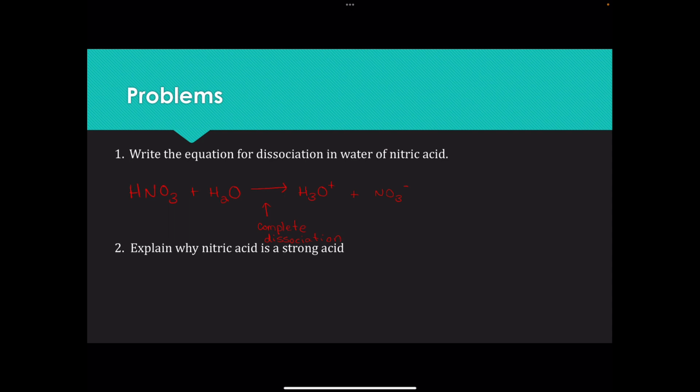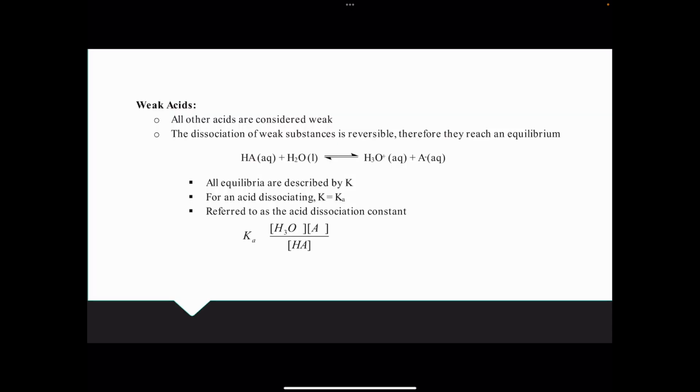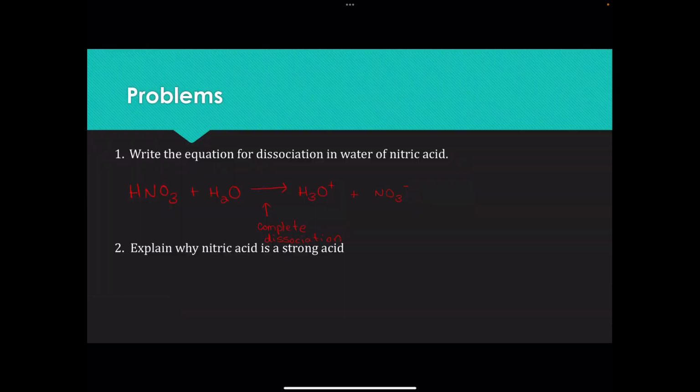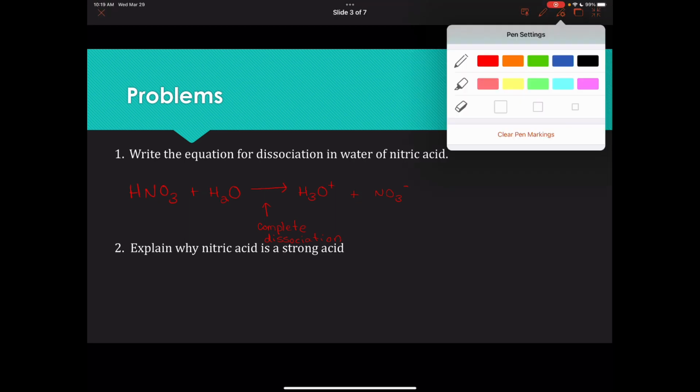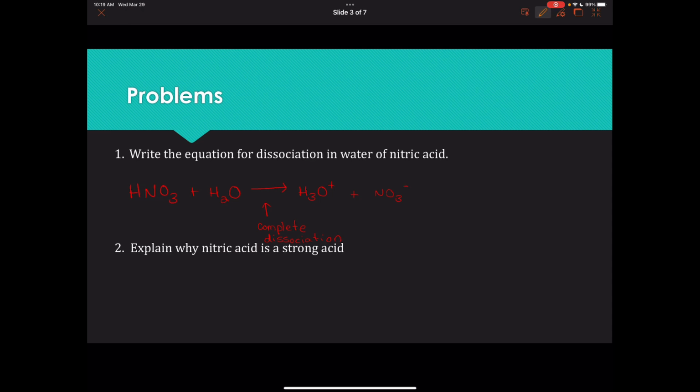So that is indicating that all of that nitric acid is producing hydronium and nitrate. So if that's true, if I start with 0.1 molar of my HNO3, it's going to produce 0.1 molar of my hydronium and 0.1 molar of my nitrate, because all of that acid becomes those ions.